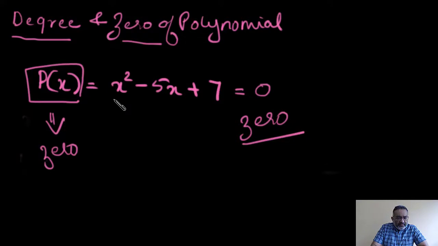We can find values of x where p of x equals 0, but this is the concept where p of x becomes 0. We will look at how this p of x looks on a graph and what is the significance of its value being 0 on the graph, but you should understand the concept as the entire polynomial is evaluated to a value of 0, and that's called the zero of the polynomial.